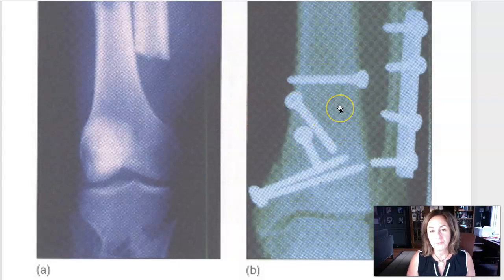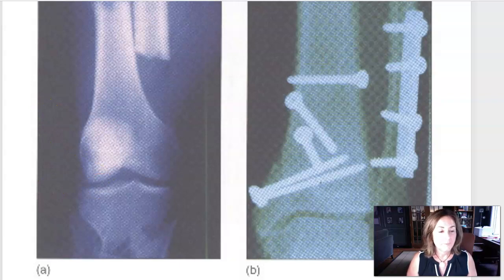That's what's known as a reduction. A reduction is a realignment of the broken ends, and that can occur sometimes manually, right through the skin, non-surgically, or it could be a more complex surgical case where you have to use hardware to put the pieces back together so that healing happens properly.